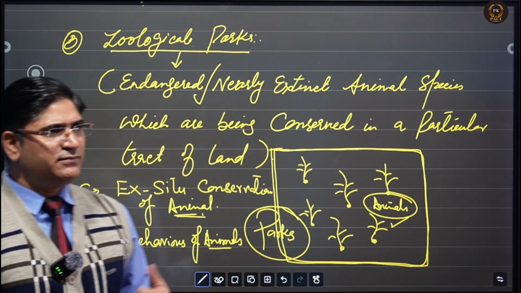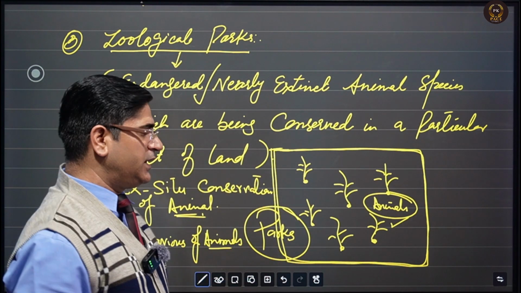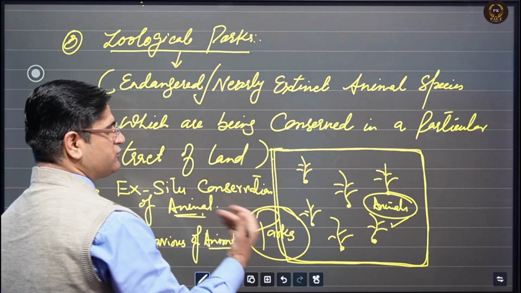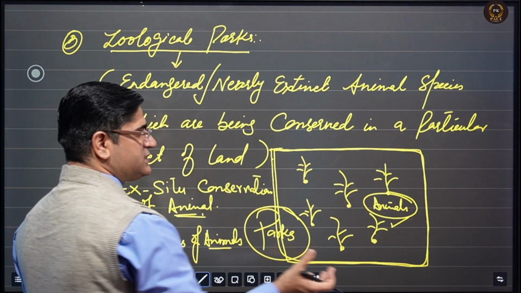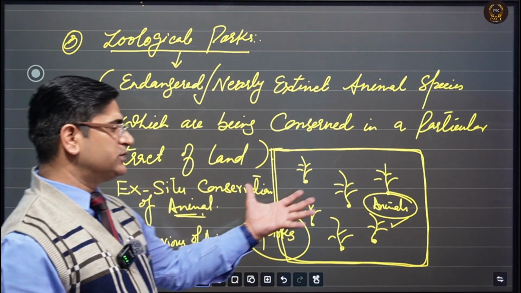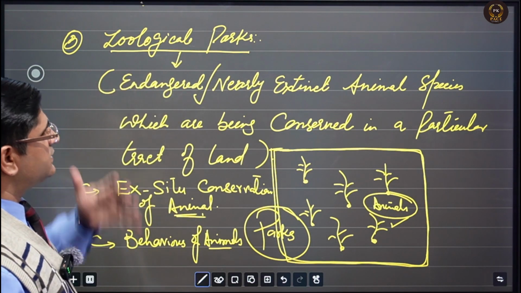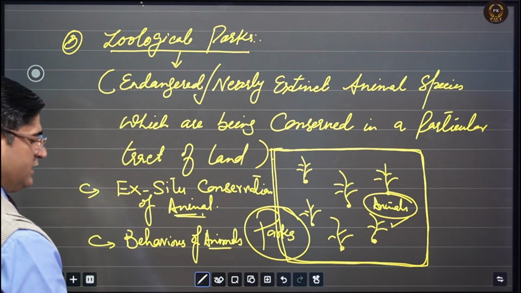So we understand that kind of animal behavior. Even when we visit the zoological park, outside every cage there is some information written that gives basic information about that animal. That is also a taxonomical tool. So this is another taxonomical tool that is used.